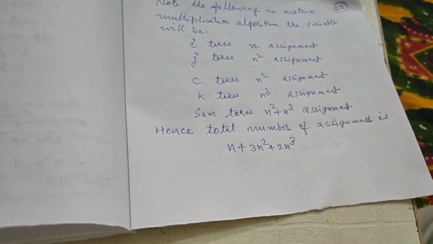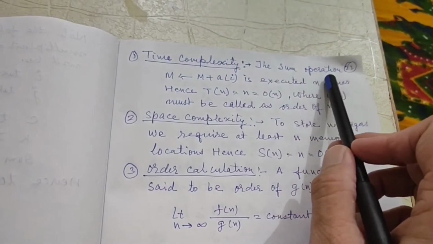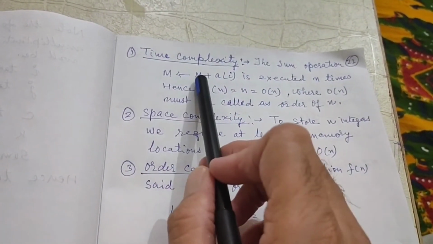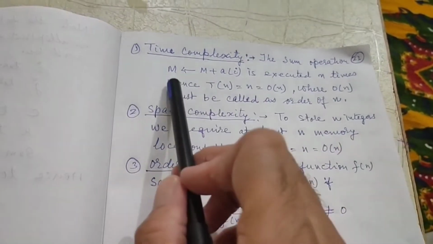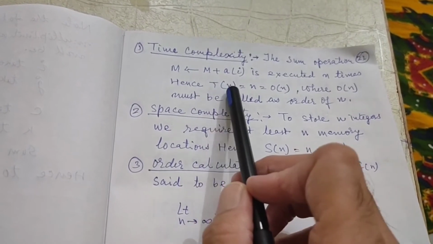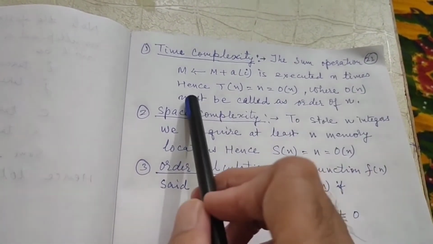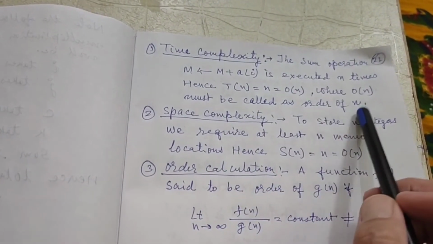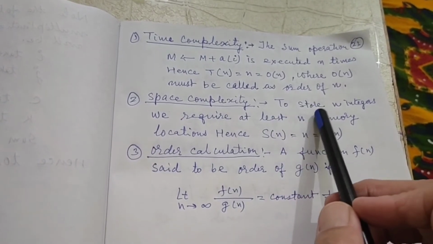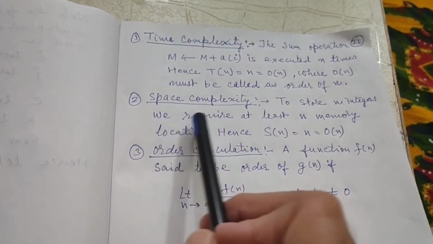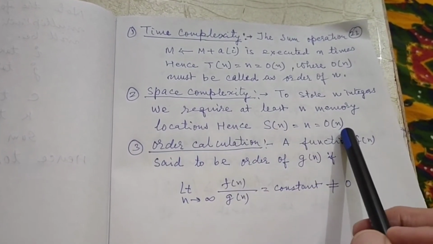So total is this. What is time complexity? The sum operation is executed n times. Hence, time complexity of n is order of n. Space complexity. To store n integers, we require at least n memory locations, hence S(n) is order of n.